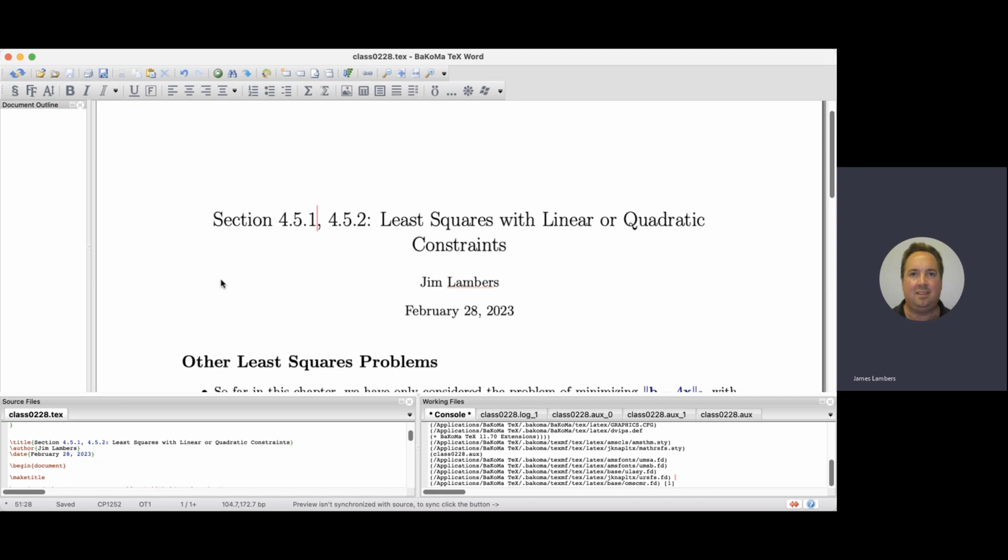Now we're going to look at least squares with some kind of constraint. The idea is to minimize the norm of b minus Ax as usual, except x has to satisfy some kind of constraint. First, we'll look at linear constraints on x, and then a quadratic constraint.